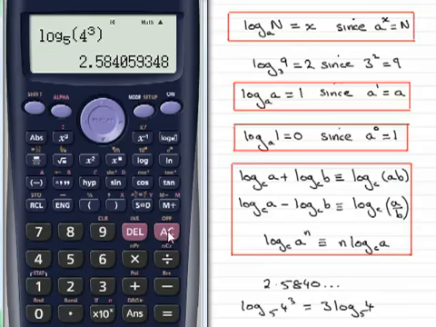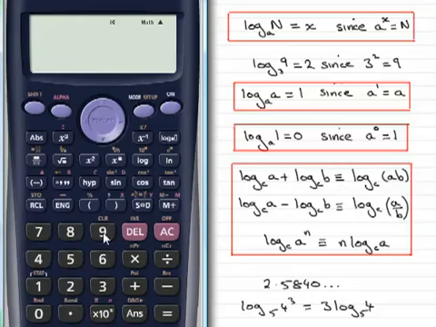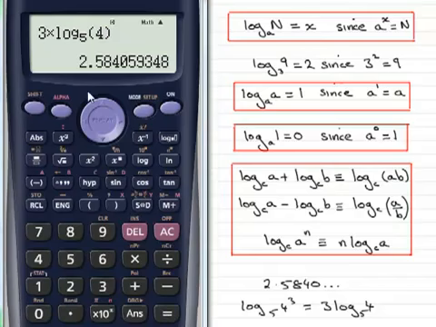Alright, so we'll just clear that down and we'll type in 3 multiplied by, and then we'll look at the log in base 5 of 4. Okay, what do we have? There you go, 2.5840 and so on. Same as what we had before when we did the log in base 5 of 4 cubed.